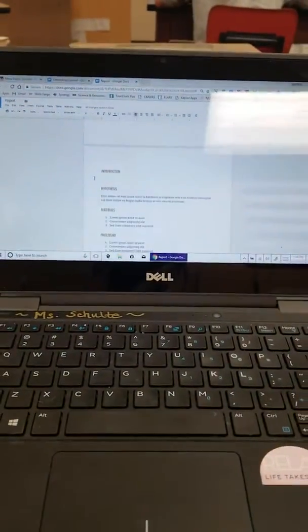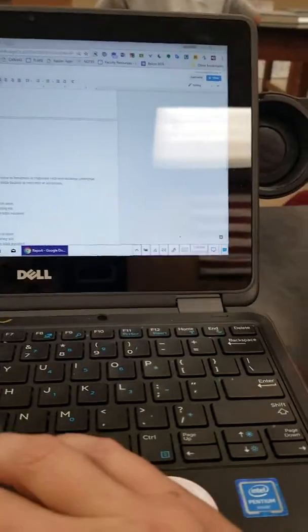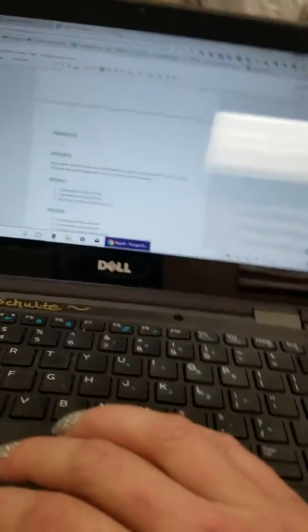Okay, so if I look at my template, it already has a place for hypothesis right after the introduction. Other than that, I'm going to basically transfer the information that I'm supposed to have in my introduction to my document, and that way I make sure that I cover everything in the syllabus or the requirements, and I can get started even if I'm not done collecting data.